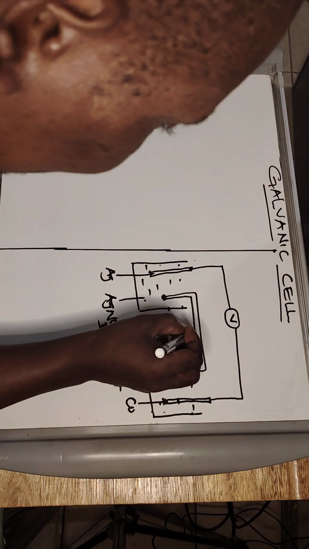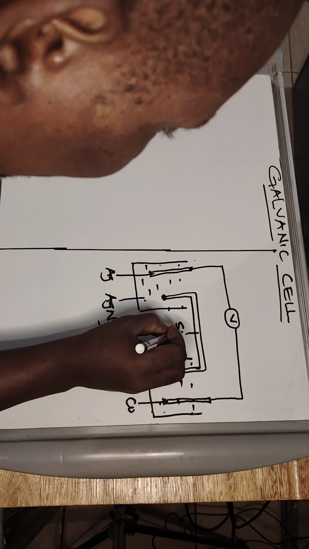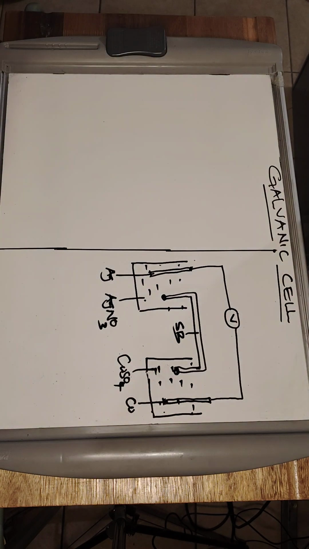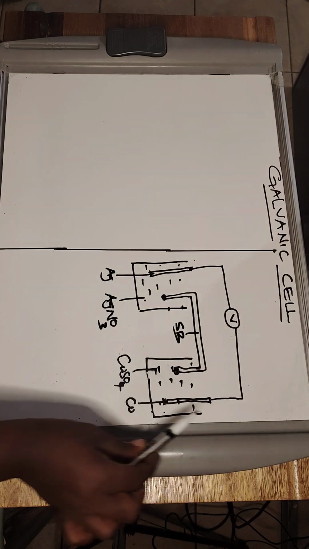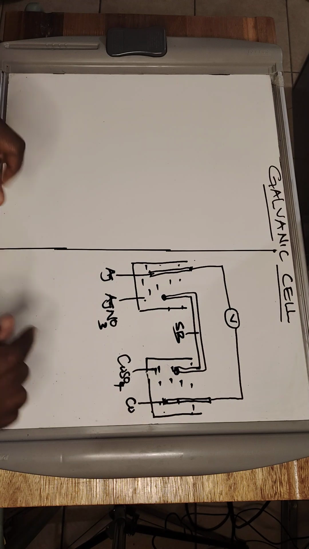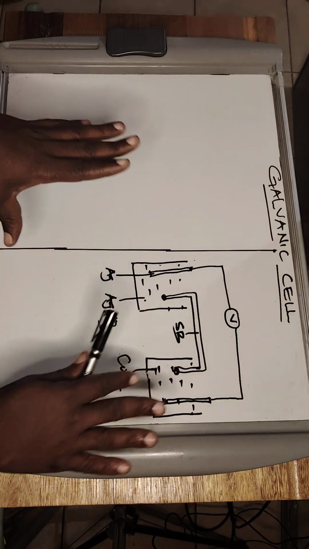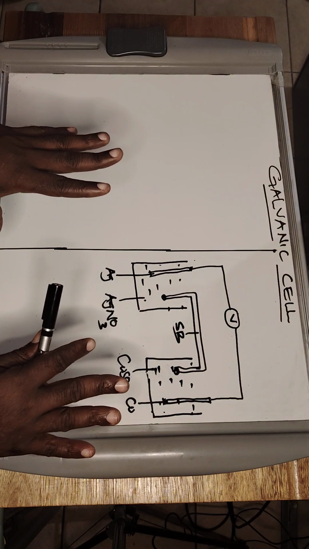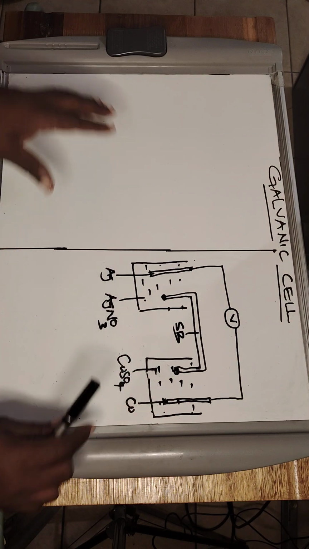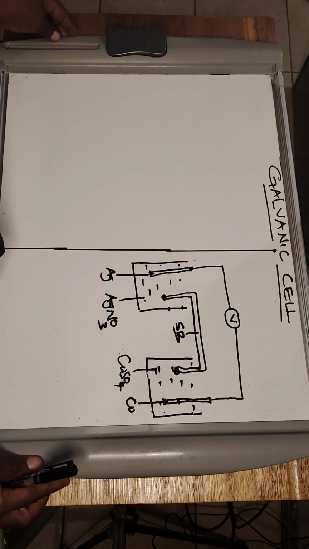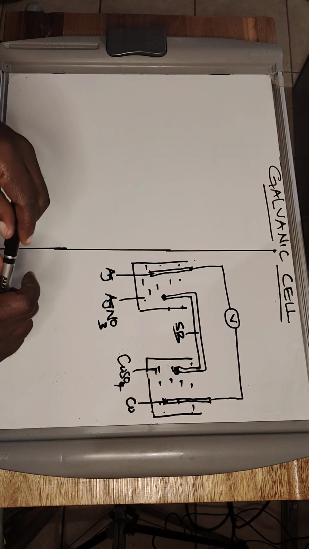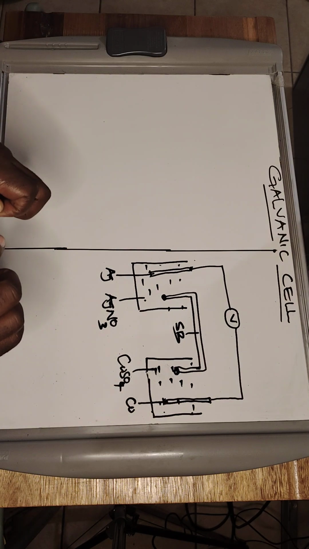What we have here is a salt bridge, and out there is the external circuit. Suppose this is the setup we are having, and we are going to use this setup to look at questions which are very common with the galvanic cell.